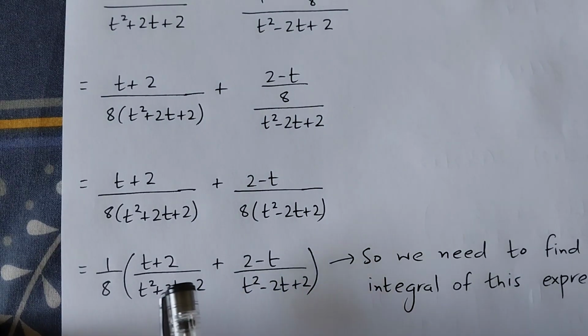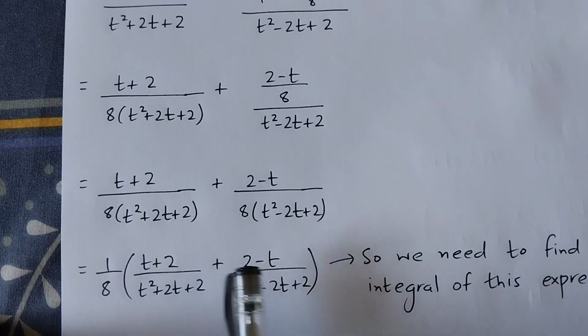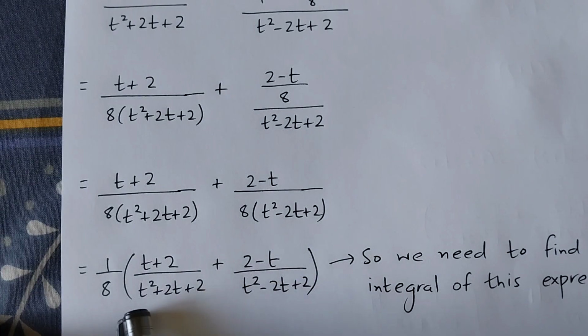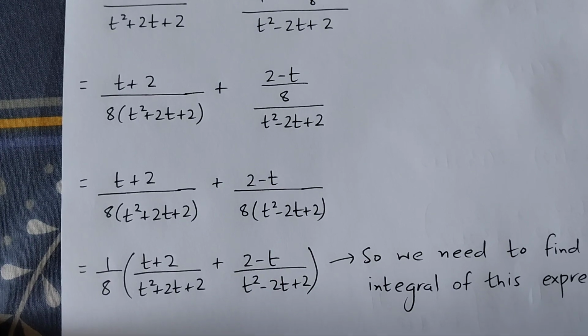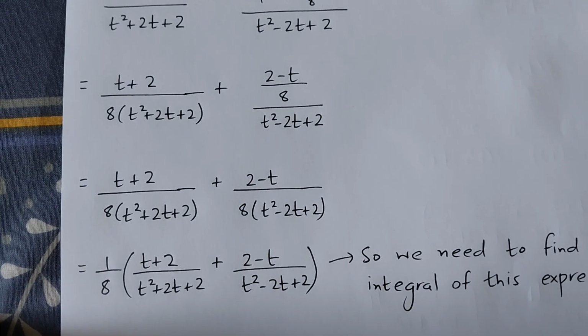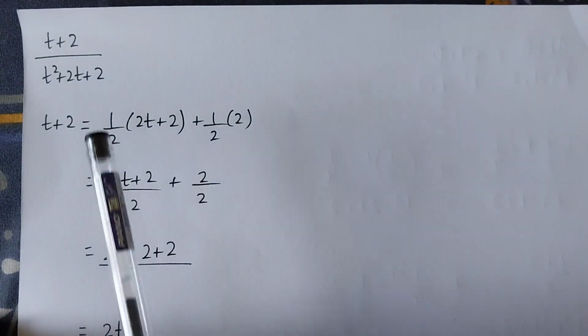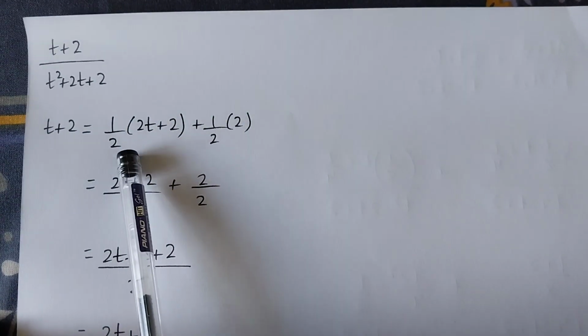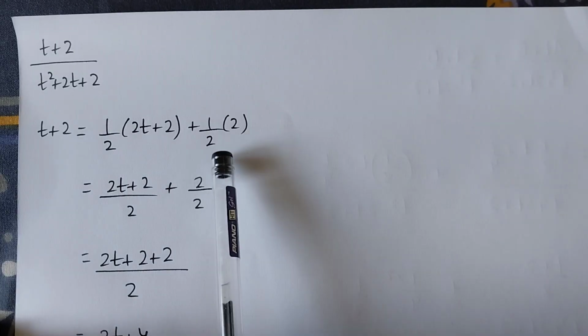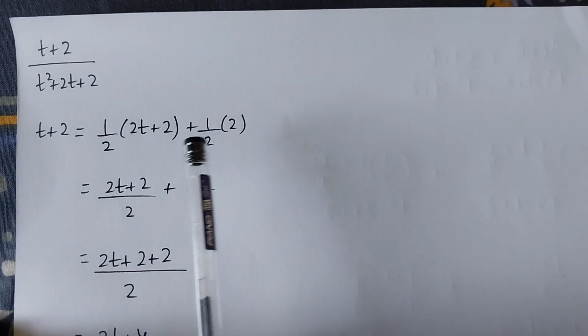So I'm now going to write these t plus 2 and 2 minus t in the form of fractions. I can write this t plus 2 over t square plus 2t plus 2 as 1 by 2 times 2t plus 2 plus 1 by 2 times 2.